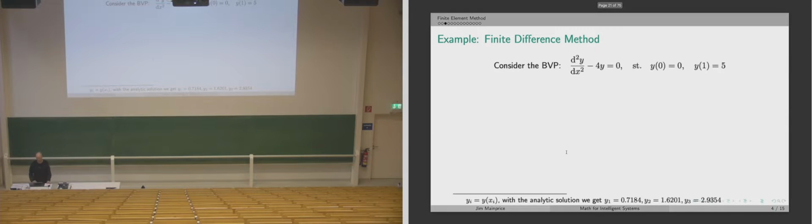So now we've instantiated the coefficients of the differential equation by minus 4 here. So this is a constant, it doesn't depend on x, the independent variable. It's a constant coefficient here. This is actually a homogeneous differential equation of order 2.